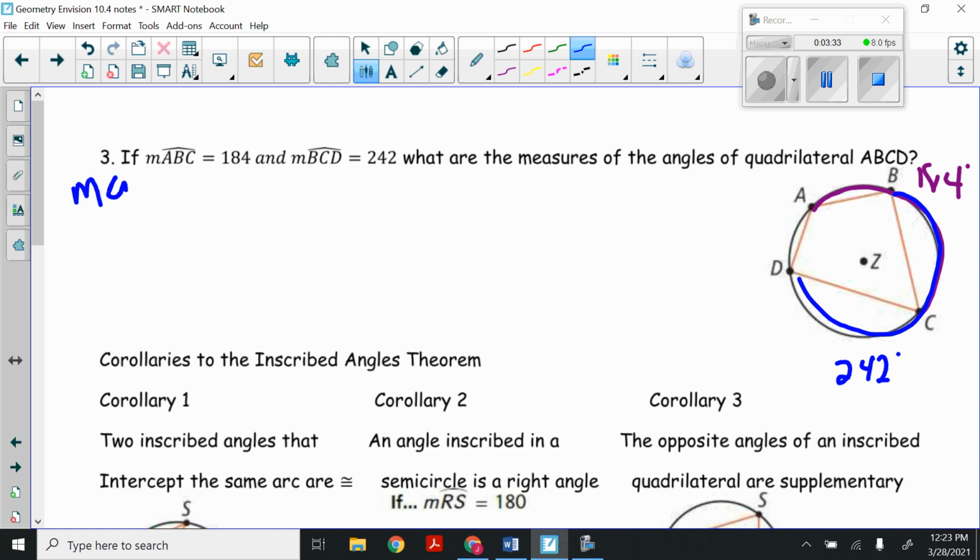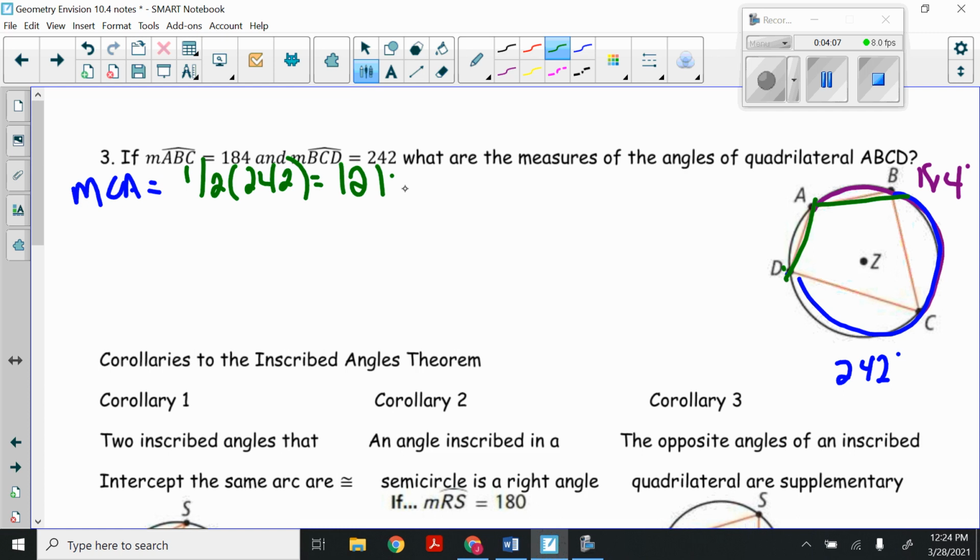So the measure of angle A makes up this angle right here. And so we see that angle A comes with arc BCD. So that would be 1/2 of 242 degrees, which is 121 degrees.